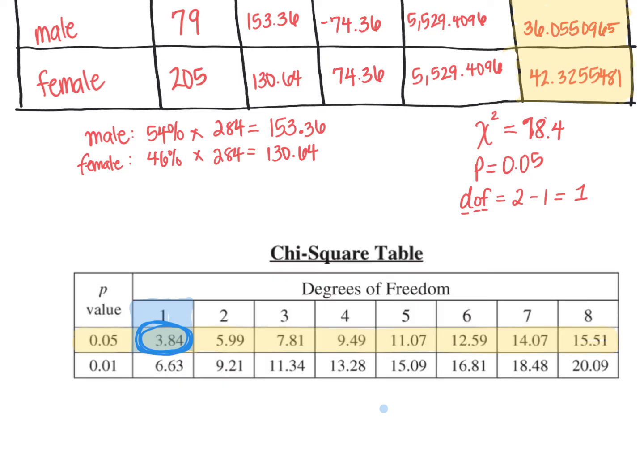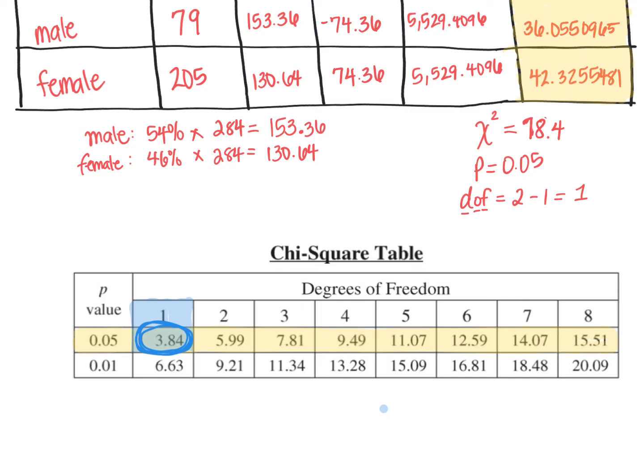Now, if your chi-square is less than the critical value, then you fail to reject the null hypothesis. So we're going to compare this value on the table to our actual chi-square, and we're going to make a declaration.